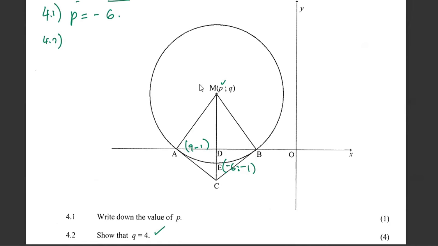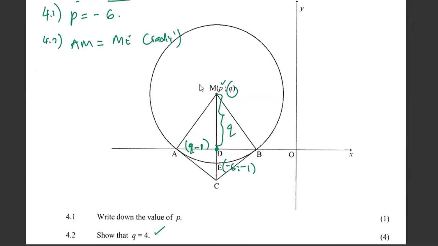Okay, so what I did was that by telling us that AM is the same distance as ME, because those are radii of the same circle. But we already know that the distance MD is just going to be Q. And then the distance AD is Q minus 1.